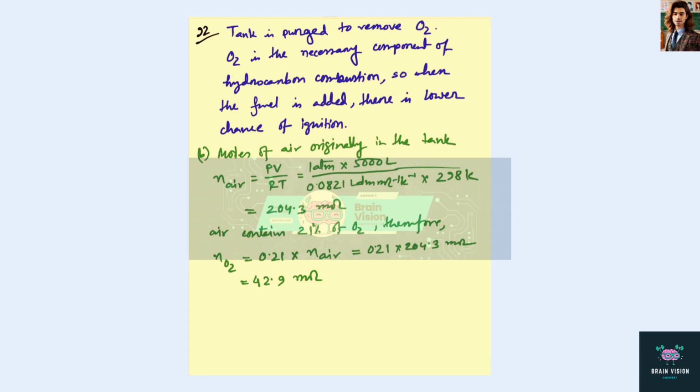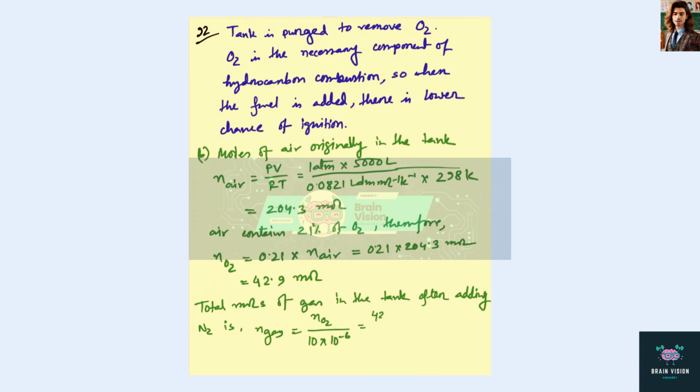Therefore, the total moles of gas in the tank after adding the nitrogen is number of moles of gas equal to number of moles of oxygen divided by 10 to the power minus 6.